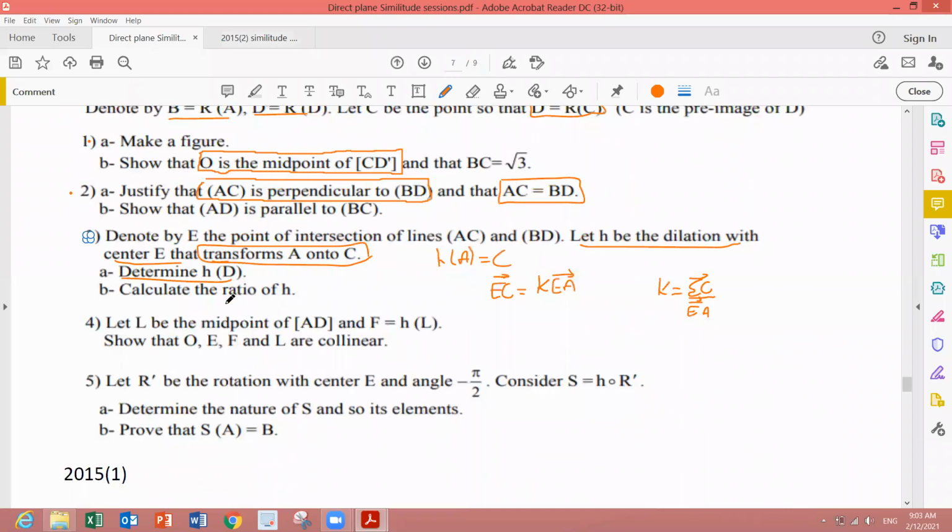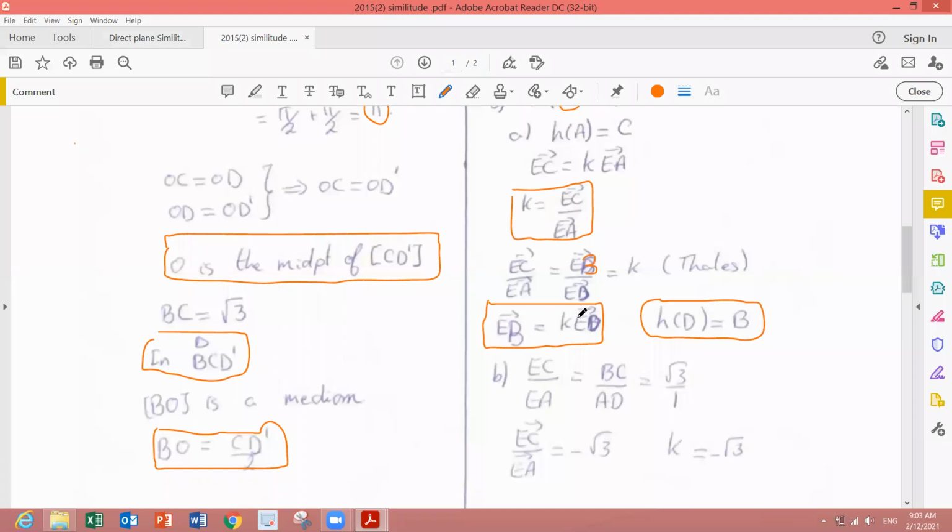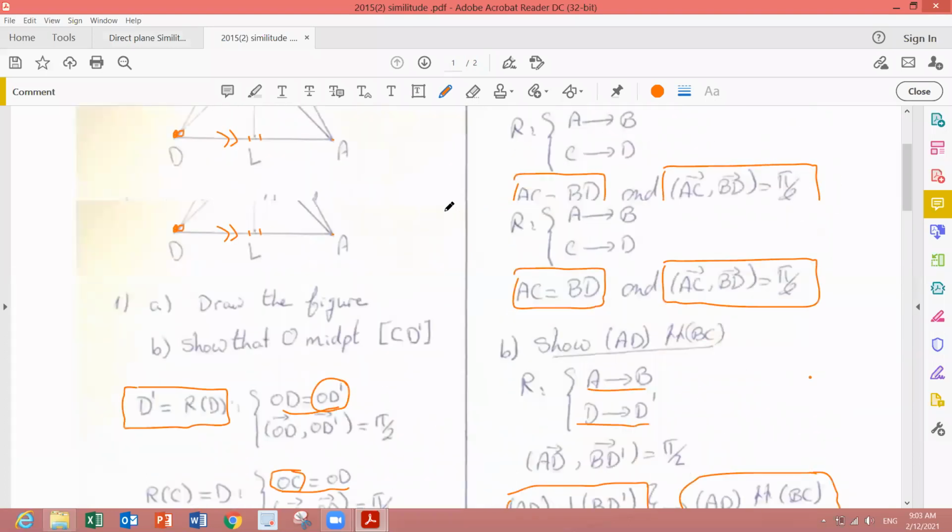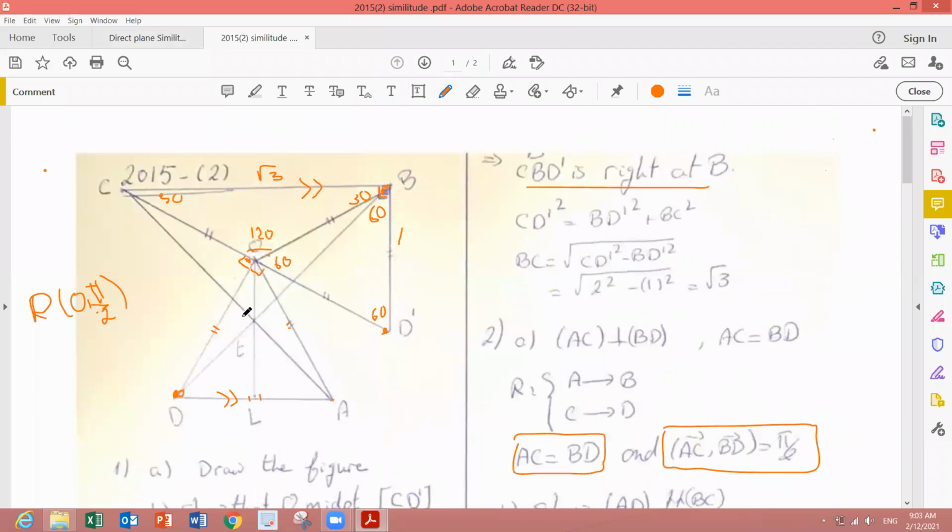Now part B, calculate the ratio of H. How to calculate the ratio of H? Like we said, by Thales property, EC over EA equals EB over ED equals BC over DA.